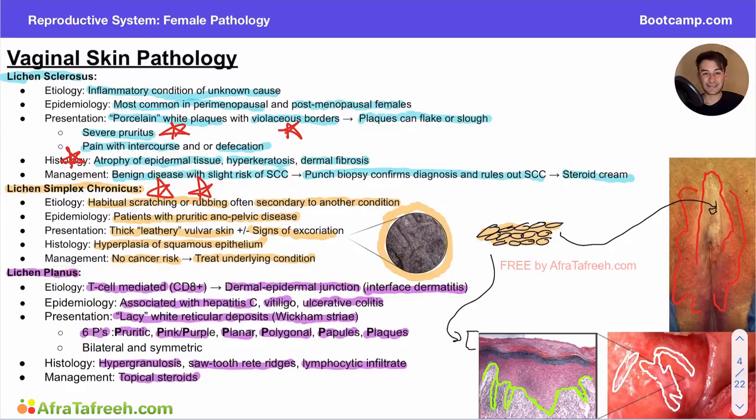That would be a classic example on a question vignette. And then in terms of lichen planus, we have a bunch of fast facts to know: the histology with our sawtooth rete ridges and lymphocytic infiltrate, the connection to hepatitis C and underlying autoimmune conditions, knowing that it's our white Wickham striae that are lacy and reticular on our mucosal surfaces, and then our 6 P mnemonic for our keratinized skin lesions.